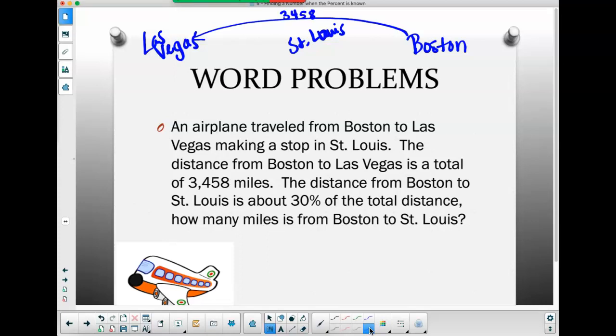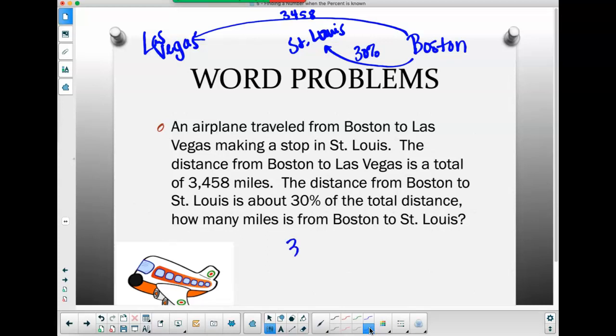The distance from Boston to St. Louis is about 30% of the total. How many miles from Boston to St. Louis? Do I know my percent?